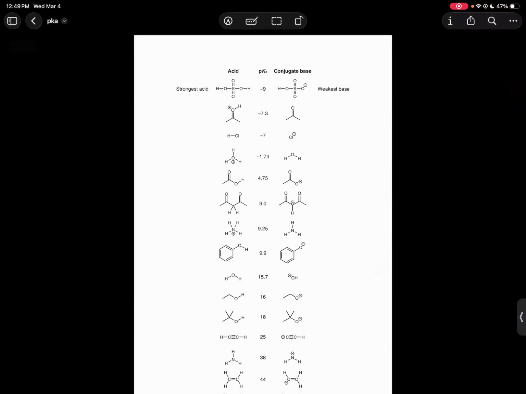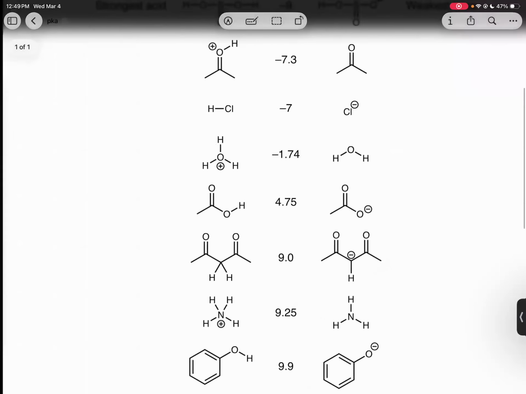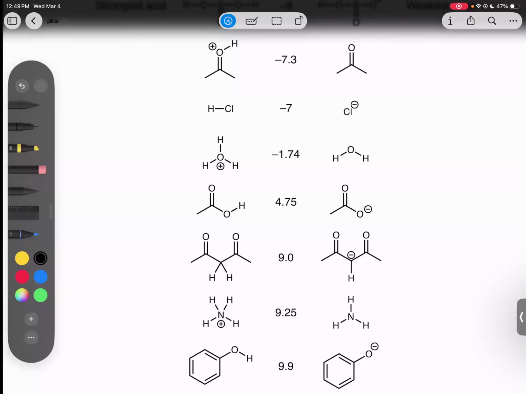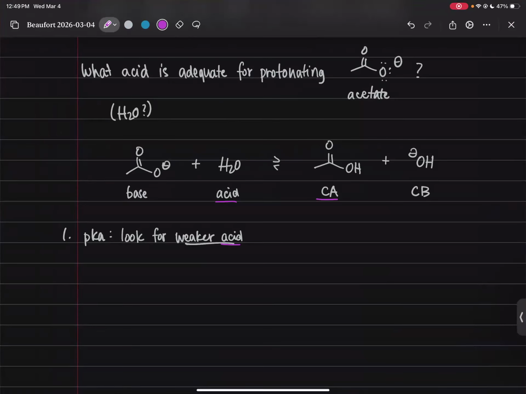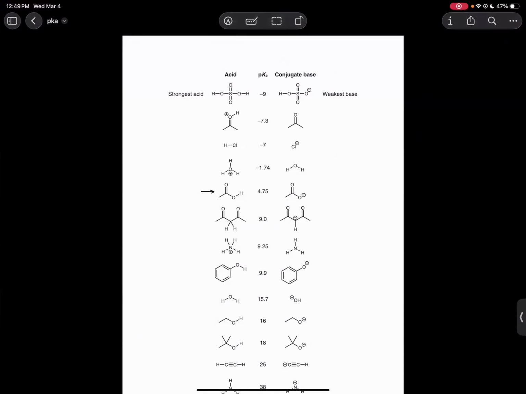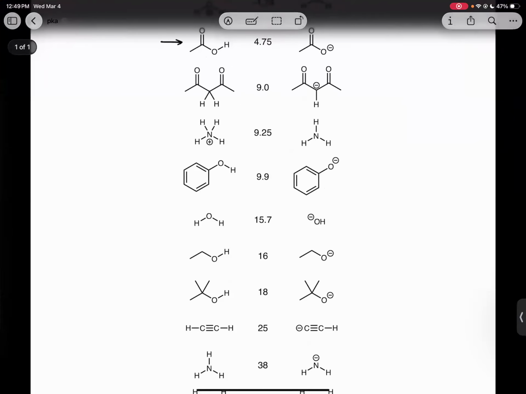Acetic acid is right here, and it has a pKa of 4.75. And then our other acid is water. If we look on our table for water, there's water. The pKa is 15.7.